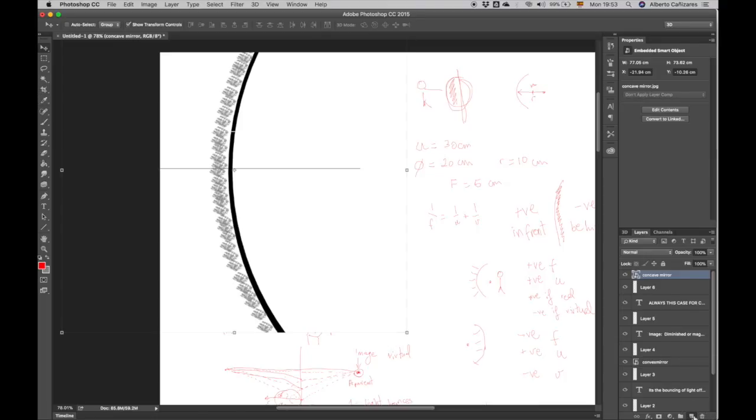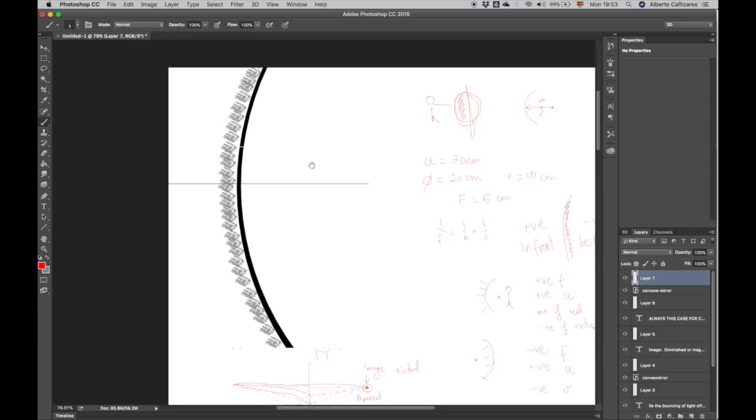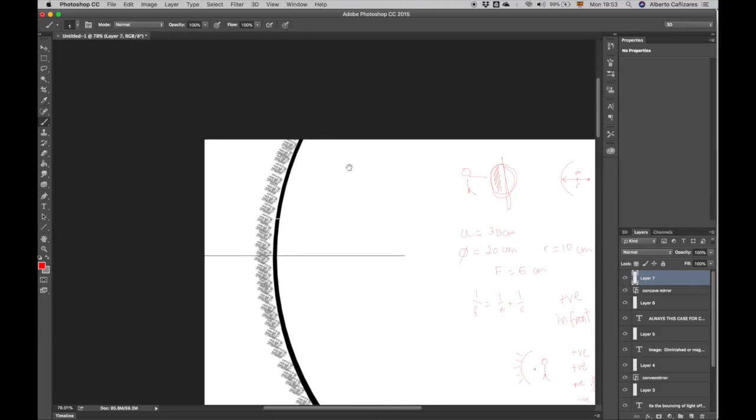Now, what's happening here is that, let's say that a dentist uses a concave mirror. These are usually the things that they hold in their hand. They look like a bit of a spoon.